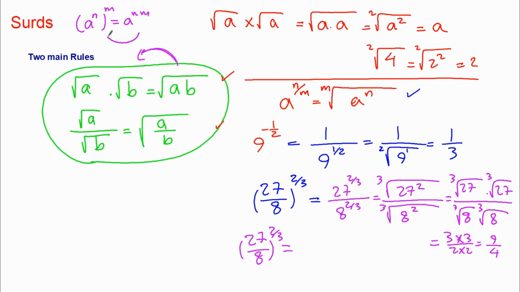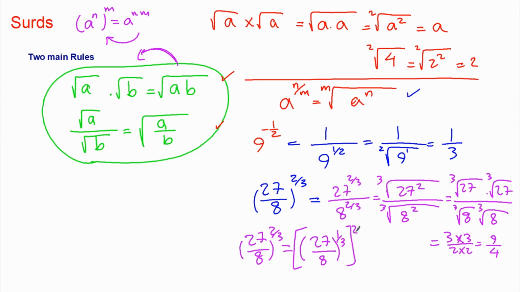So we could also go from this side to that side. So I can separate that 2 over 3 into 2 times 1 over 3, because I know that 2 times 1 over 3 would be 2 over 3. We need to solve some examples to get used to these simplifications or manipulations. So we have in here 27 over 8 to the power of 1 over 3, all of that to the power of 2.